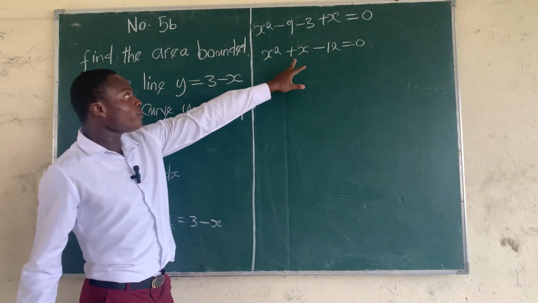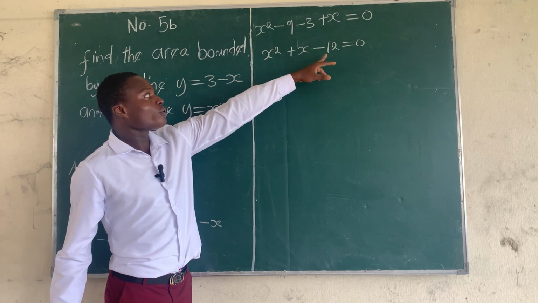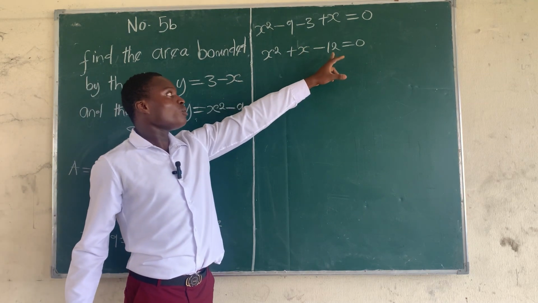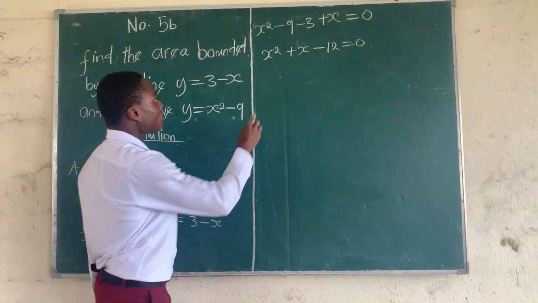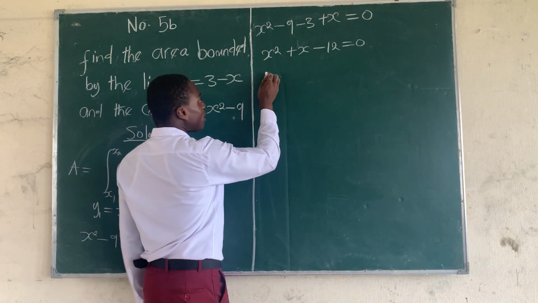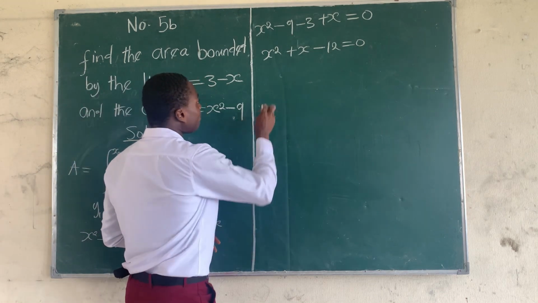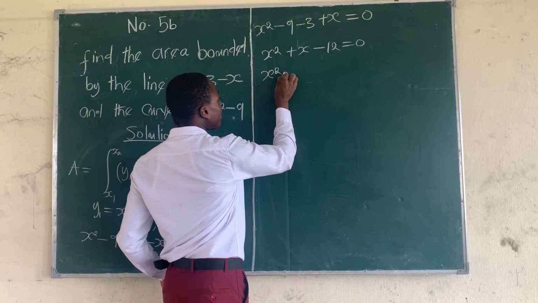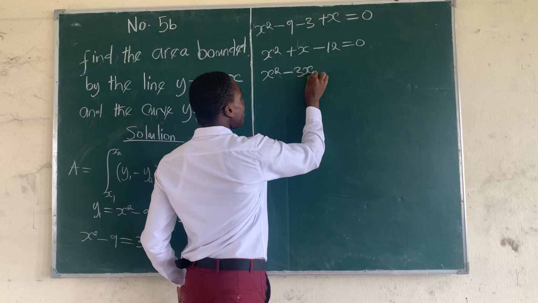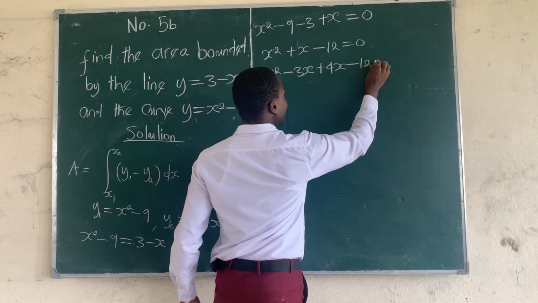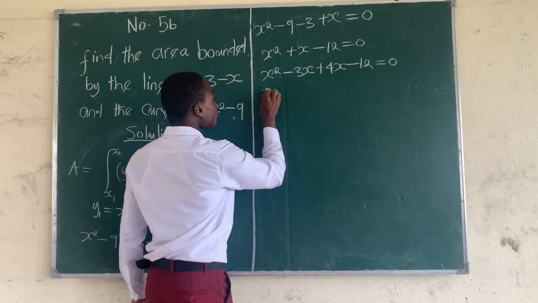So what we need to do is to factorize this. Look for two numbers that, if we add, will give us the coefficient of x, which is 1, and if we multiply, will give us minus 12. And of course, those numbers are minus 3 and plus 4. So we have x squared minus 3x plus 4x minus 12 being equal to 0. So let's factorize.